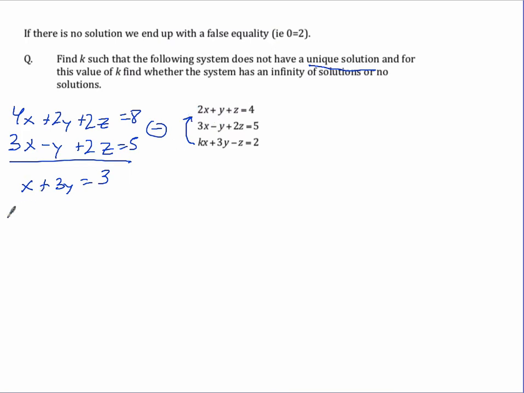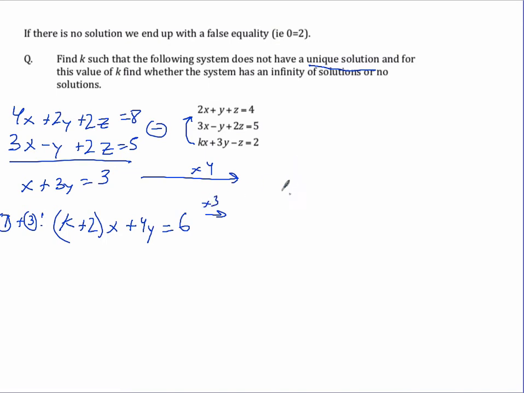So we could simply add these together. We'll add equation 1 and 3, and what we get is (k plus 2)x plus 4y equals 6. Now I got a 4y here and a 3y here. We want those to match so we can cancel them out. So I'm going to multiply this by 4 and this one by 3 to get a common 12.